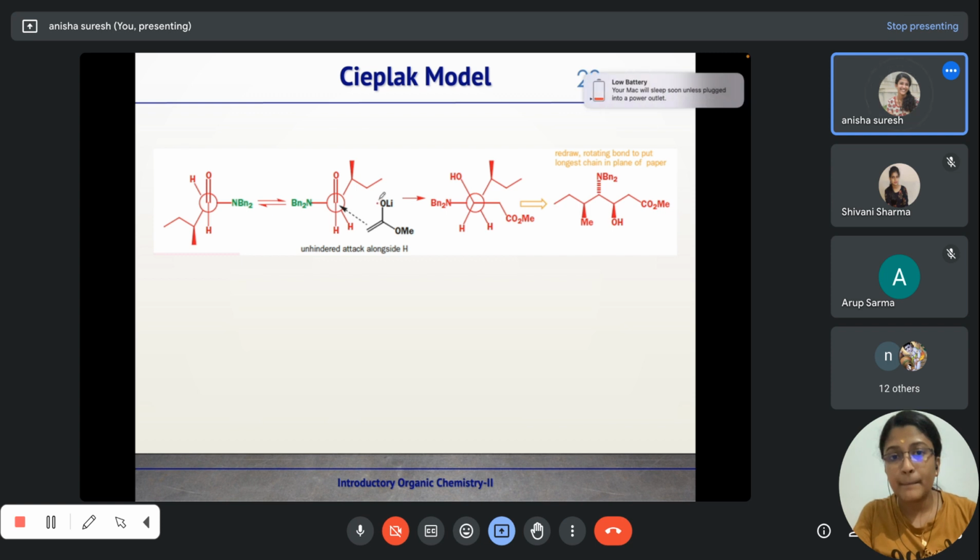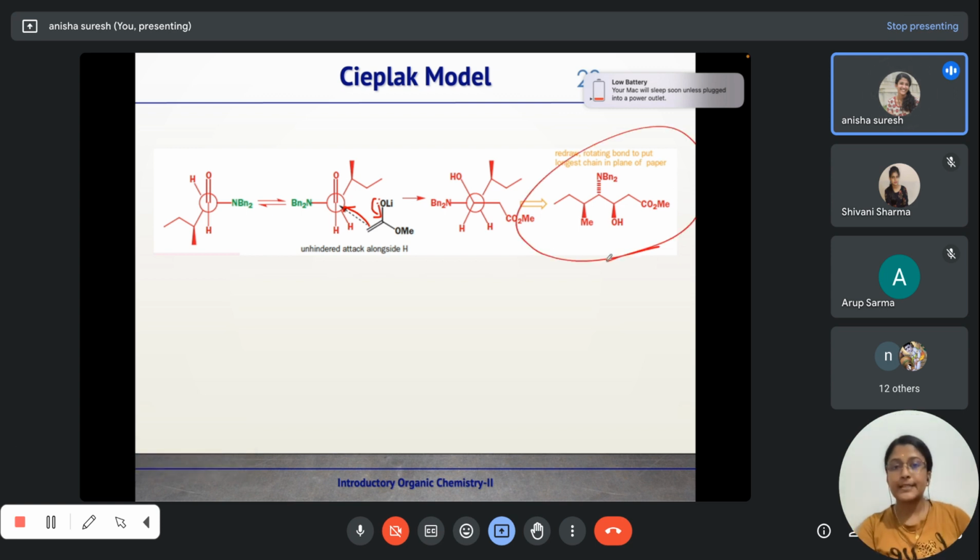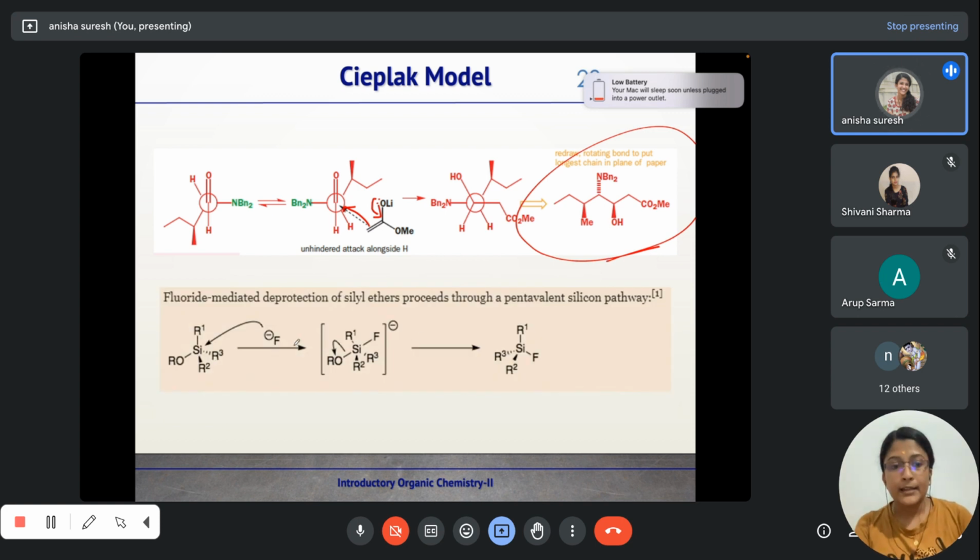So this will come in this fashion, and this will go and attack. It will result in the formation of this product, and if we redraw it to put the longest chain in the plane of the paper, we will get this compound. So this is the Cram model, and we will see the case with our compound.